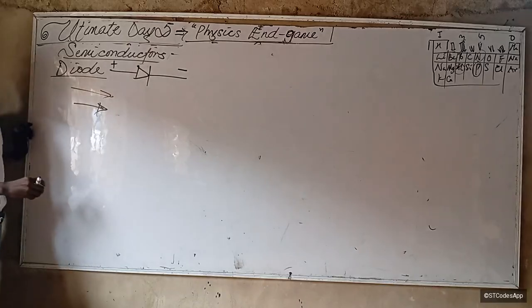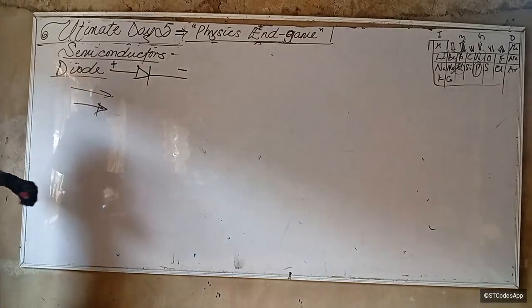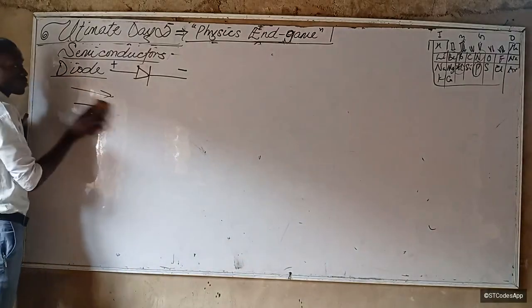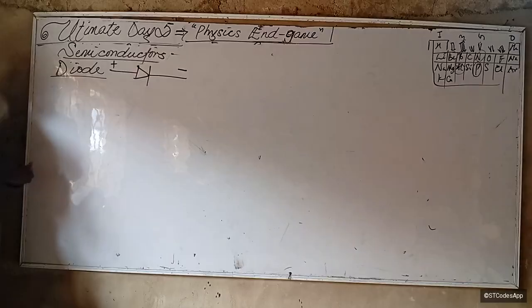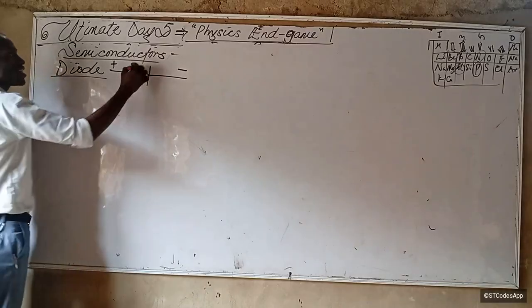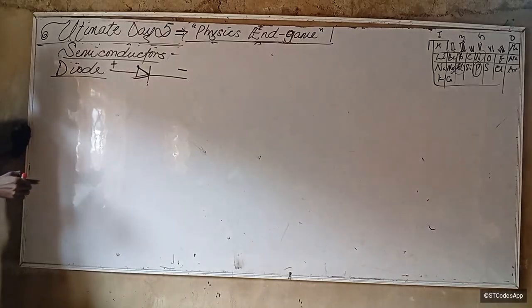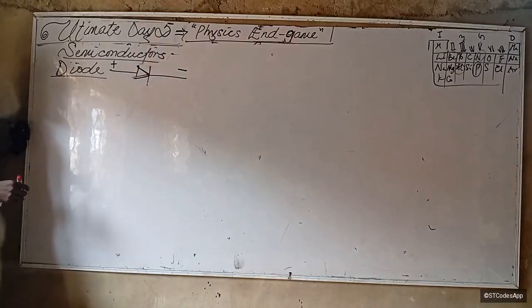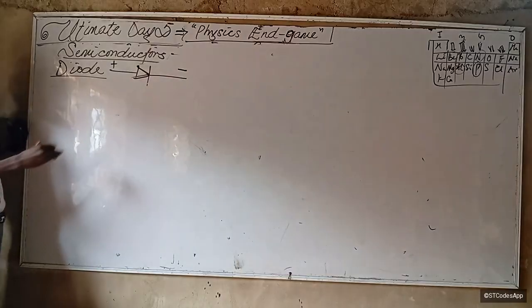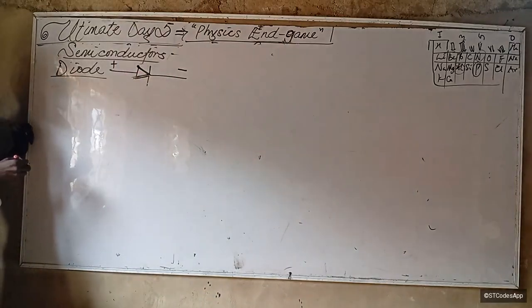What's the direction of conventional current? Do we understand now? Yes, sir. Or you say where the back is facing, the back of this thing. That's how to remember it.